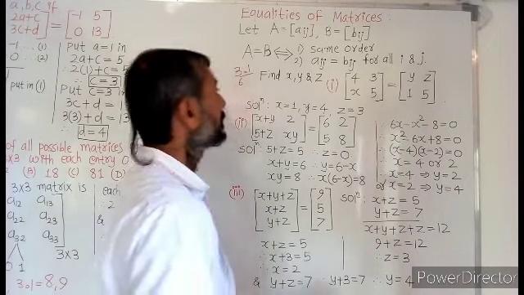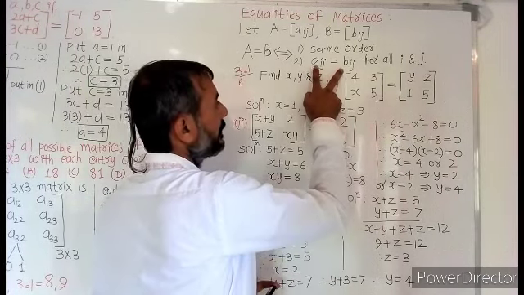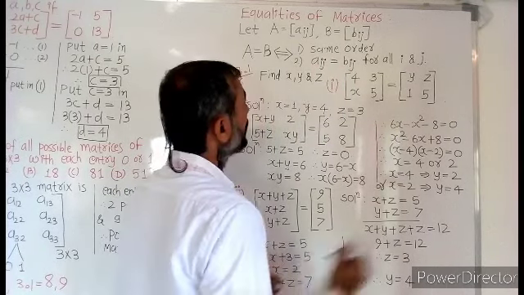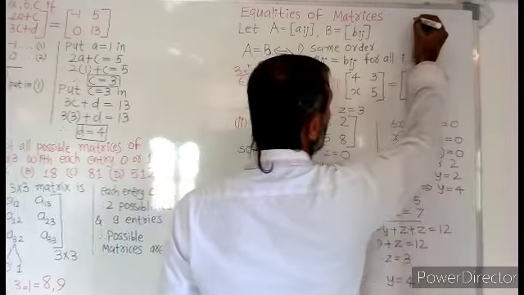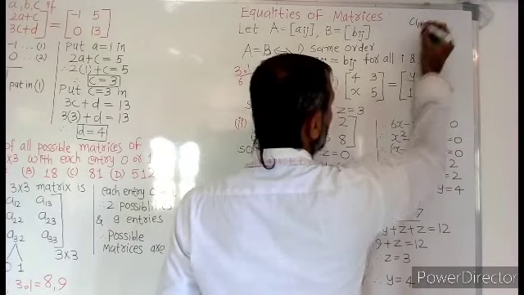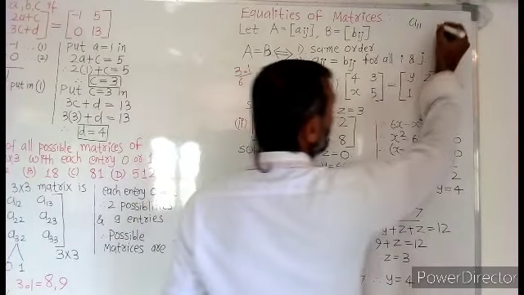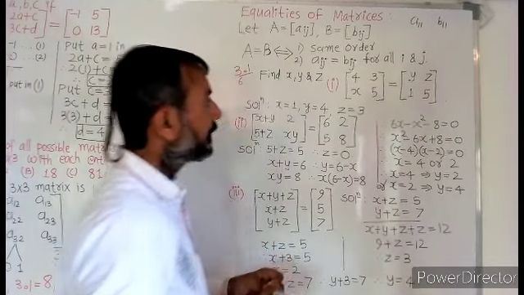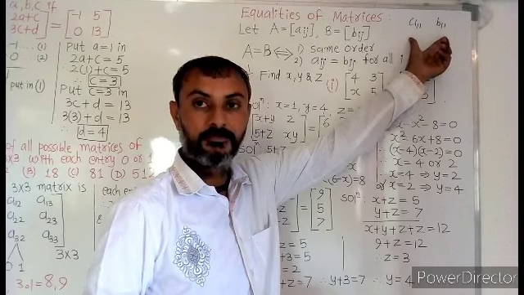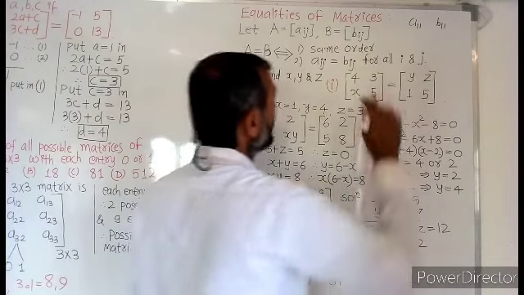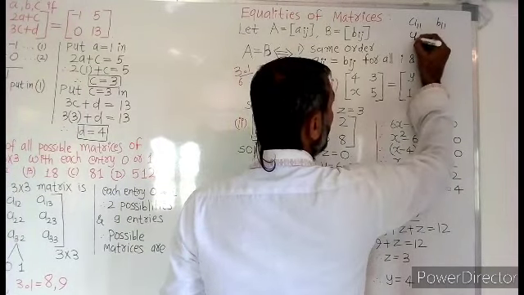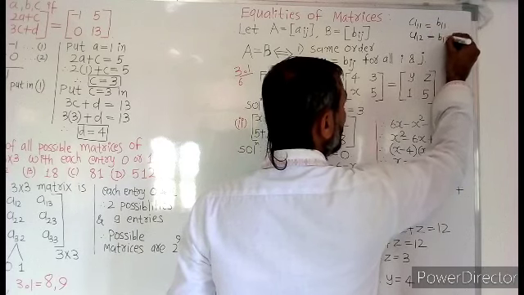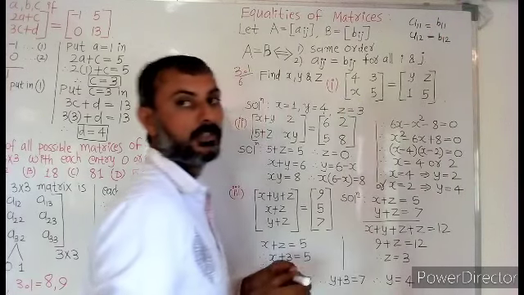Second condition: their corresponding elements are equal. That means the element a11 of A and the element b11 of B must be equal. Second, a12 compared with b12, they have to be equal.